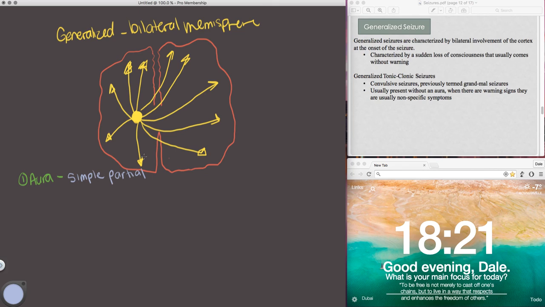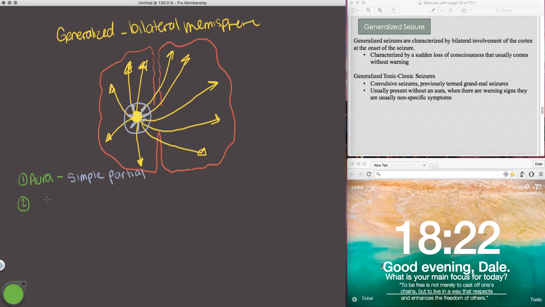So those patients are going to complain about things related to a localized discharge of neurons because that's what's happening first. If we have just this area of the brain affected initially, patients are going to start to have localized symptoms related to discharge in that area of the brain initially. And it's going to be something like a simple partial seizure. So that's what we see first, an aura. And again, in most cases, we do have an aura before we have a seizure.